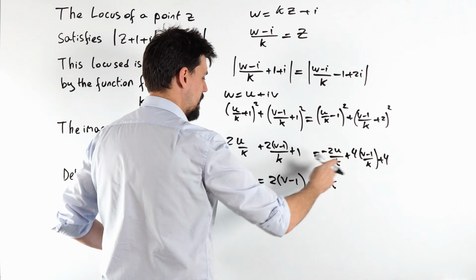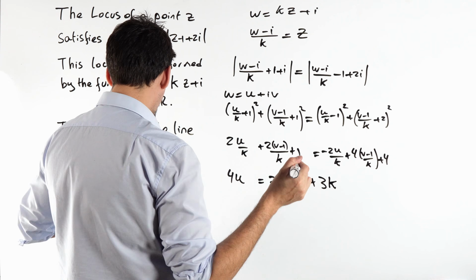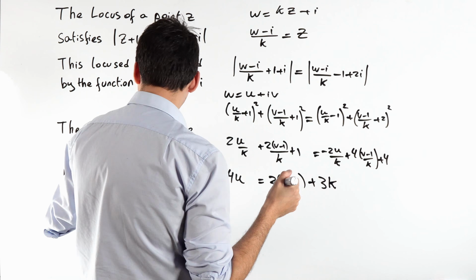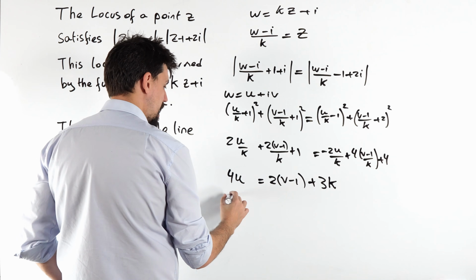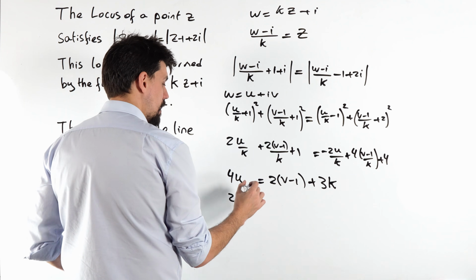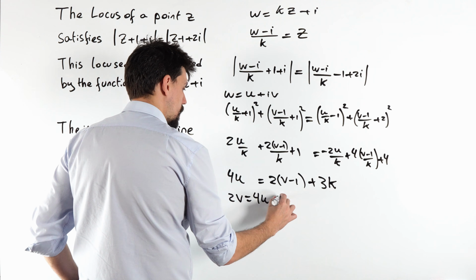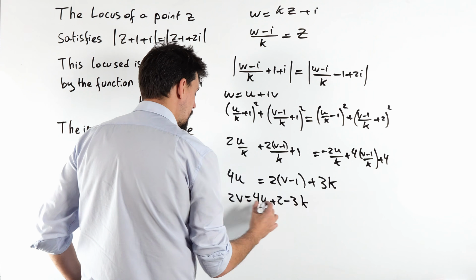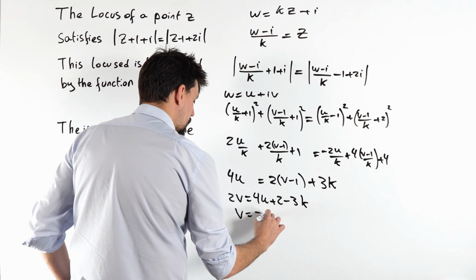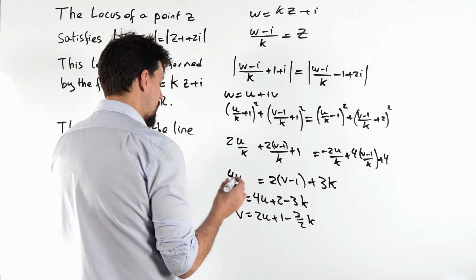I've multiplied everything by k from going to there to there. So v is my y, so let's make v the subject. So 2v is equal to 4u plus 2 minus 3k. So v is 2u plus 1 minus 3k over 2.